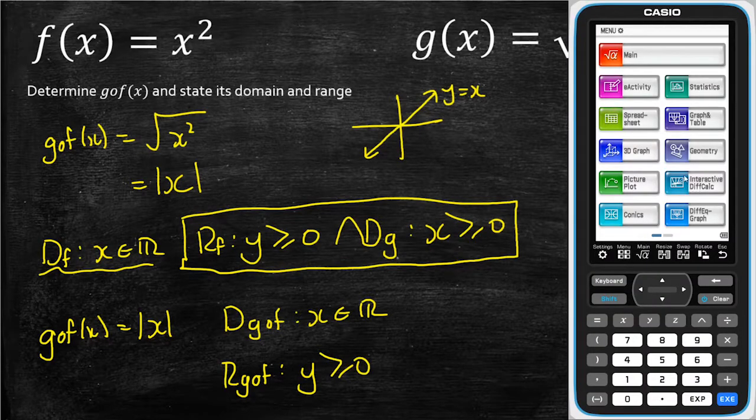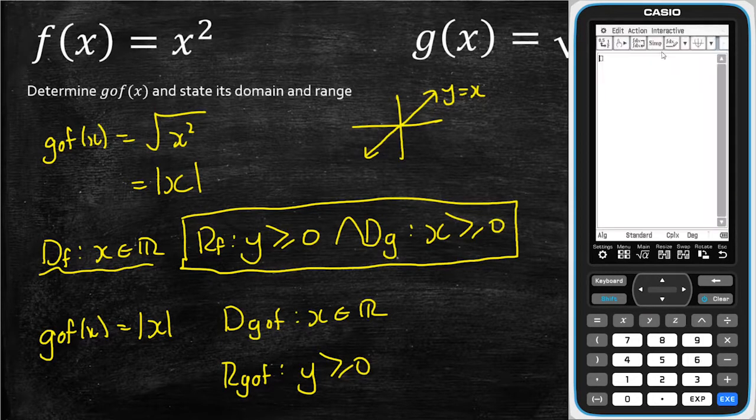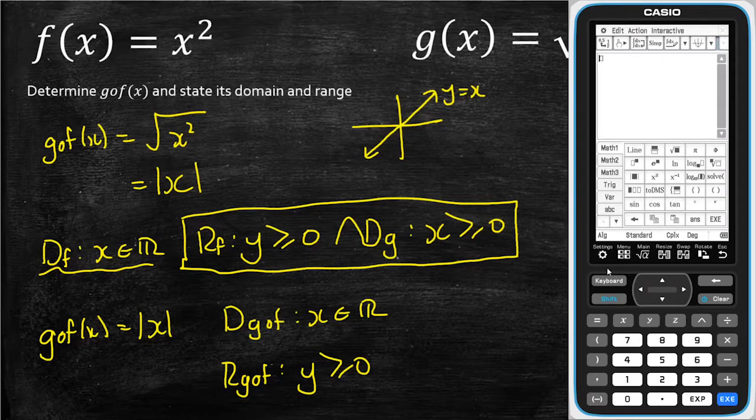Let's just look quickly at how that looks in the ClassPad. So if we go to main, we'll go to keyboard, we'll go to define f of x, and we'll define f of x to equal x squared. Good. And then we'll define g of x to equal the square root of x.